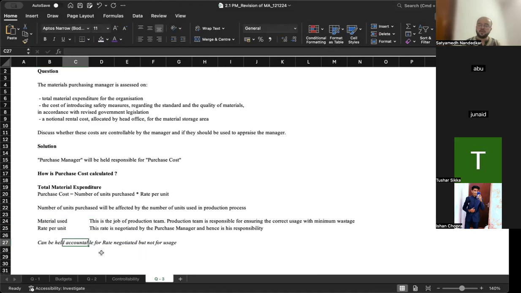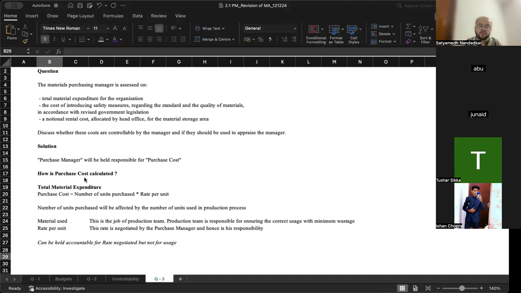Production team is responsible for ensuring that you are using the appropriate quantity without causing any wastage. Rate per unit, that is what the purchase manager will negotiate, bargain with the supplier. So that part is his responsibility. And so he can be held accountable for the rate but not for the usage.